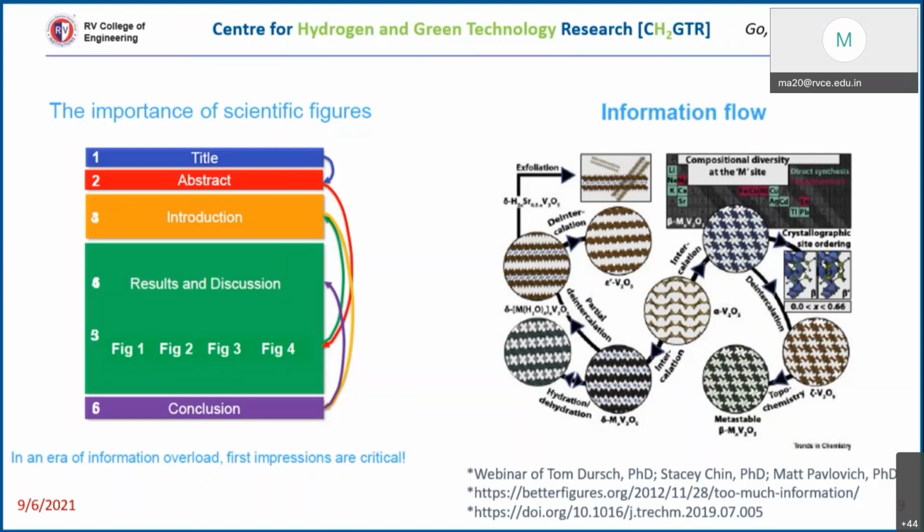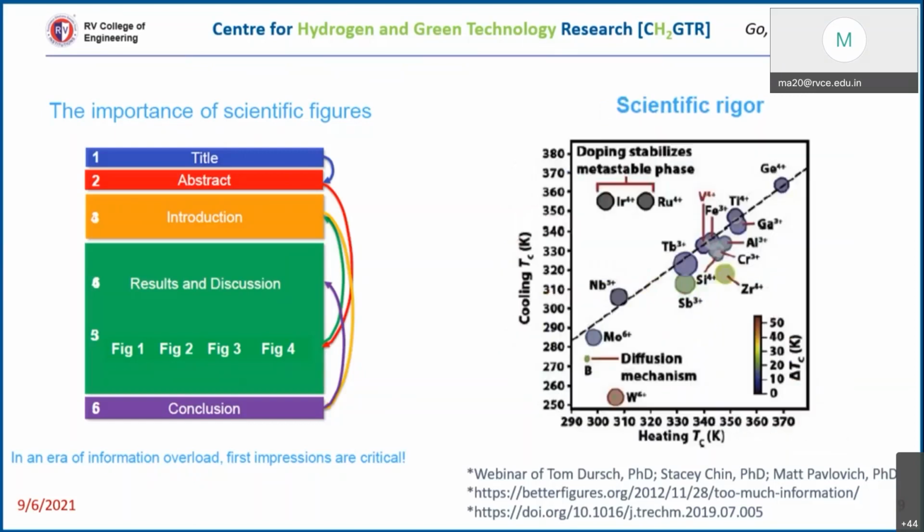You just try to make the picture as innovative as possible and try to convey the information that you want to convey in a better way. You should also make sure that the scientific rigor that is required is there in the picture. So what are the important things here?